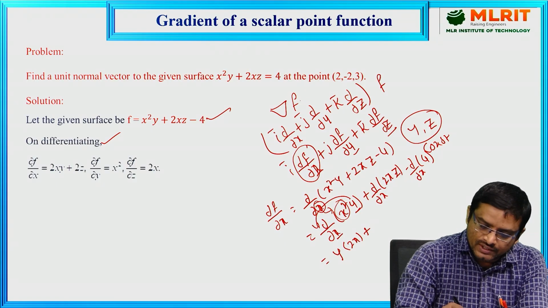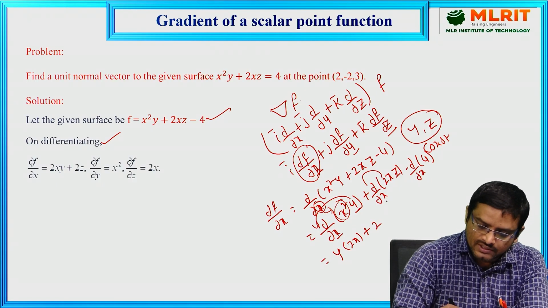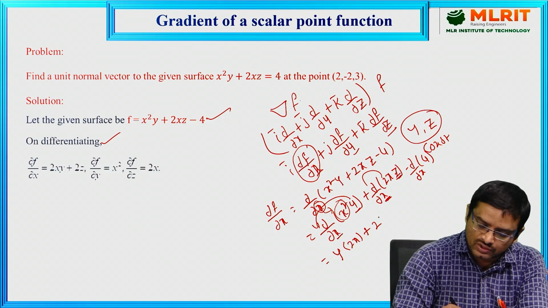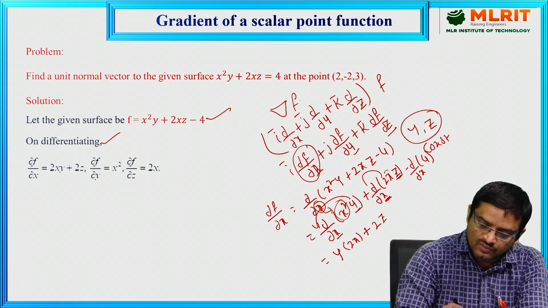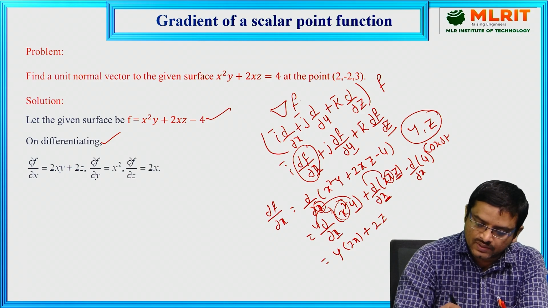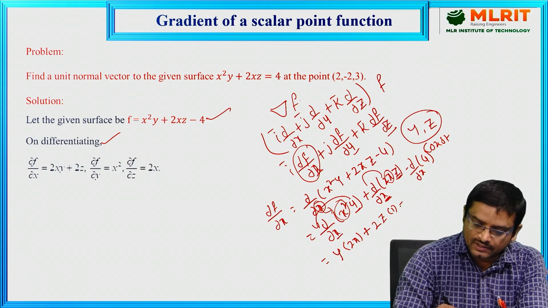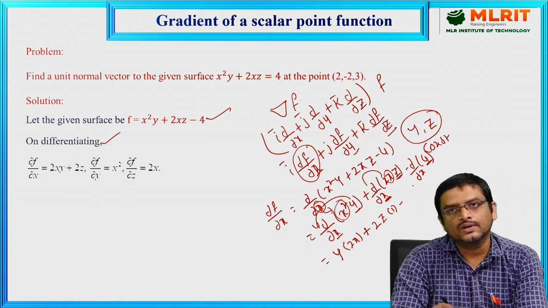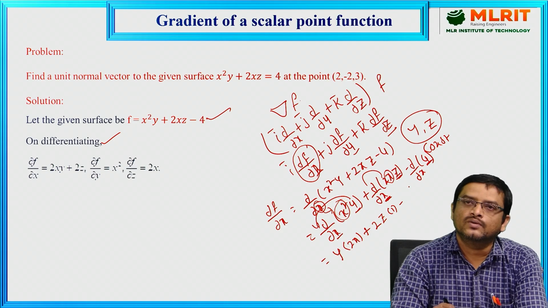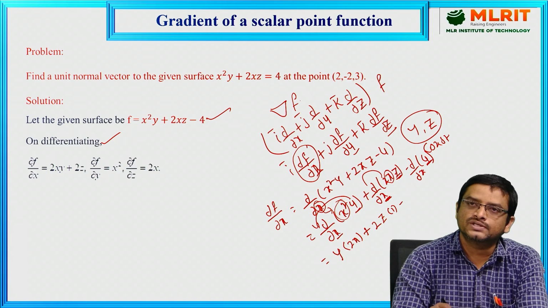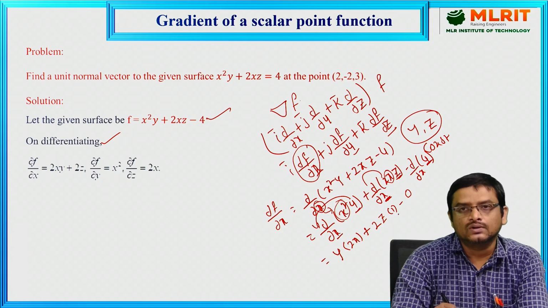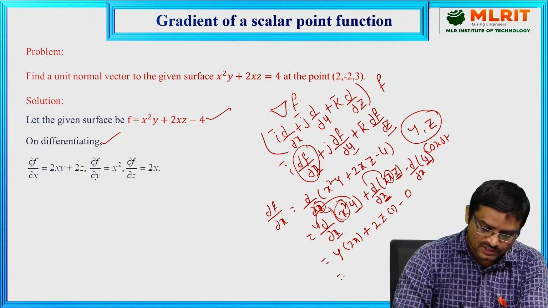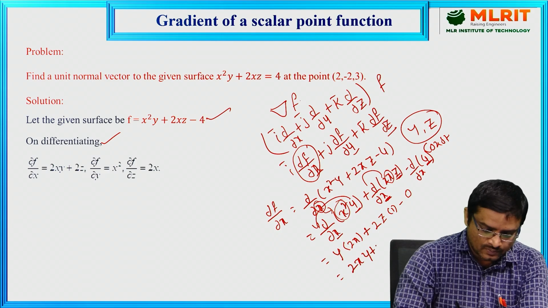Similarly 2 is constant, so we take 2 outside, and we consider z as constant, so take that z outside. The remaining one is only x. Derivative of x with respect to x is 1. And 4 is a constant, whether it is a partial derivative or ordinary derivative, the derivative of a constant is always 0. So now you will get this value is equal to 2xy plus 2z.